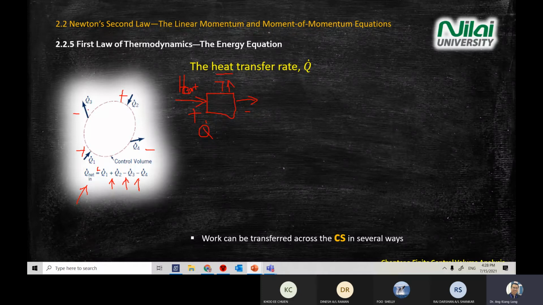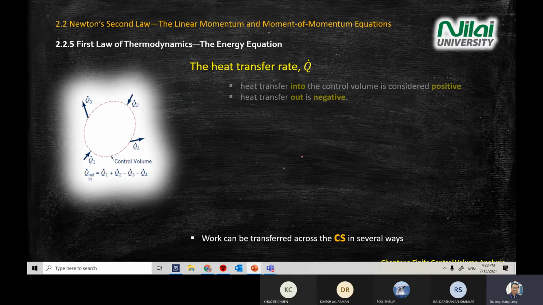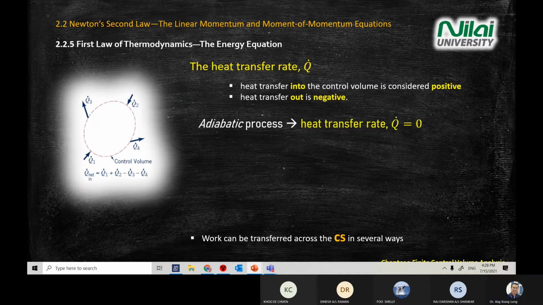If it goes in, positive; if it comes out, negative. Then you sum up the equation. So it is important that you know how to differentiate what is positive or negative. It's quite direct. So once we cover this one, all right.